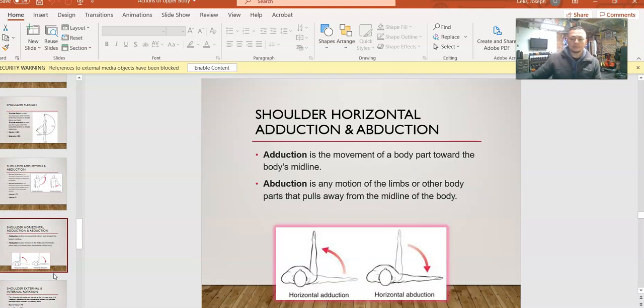Let's go to an abducted position first. When I bring my arm to the midline of my body, that's horizontal adduction. When I move it back out to the side, that's abduction.